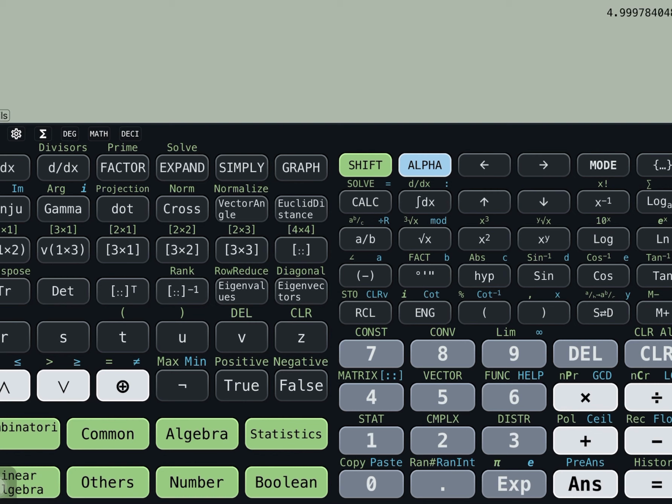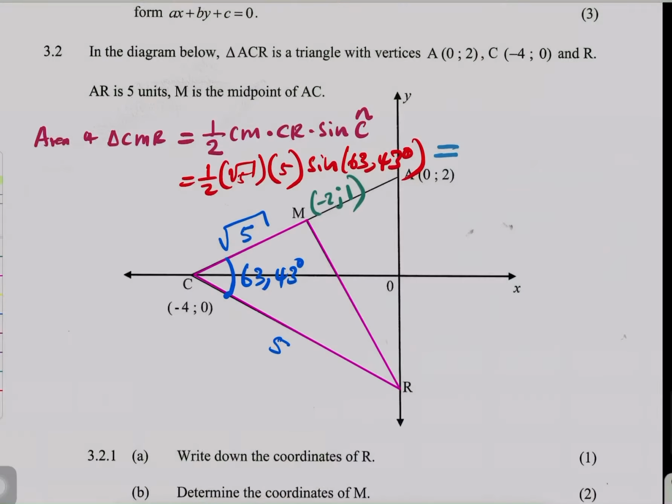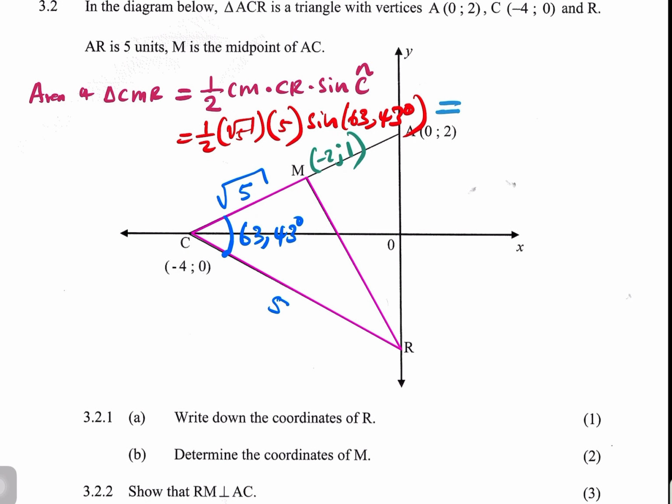Here I'm just trying to verify it with my other calculator, but I hope it's what you guys got. Sine of 63.43, I close that. That is 4.9978. Yes, and then let me round it off. That is 5. So I'm getting 5 units. I hope students got 5 units.